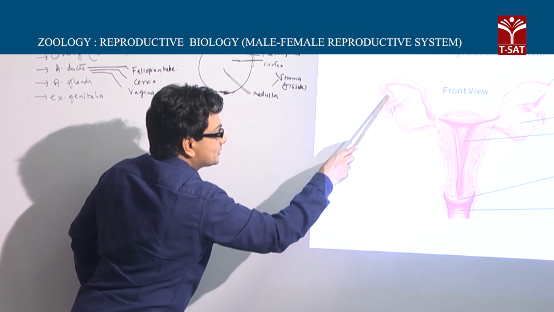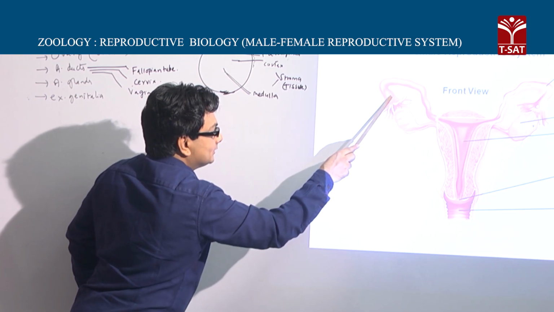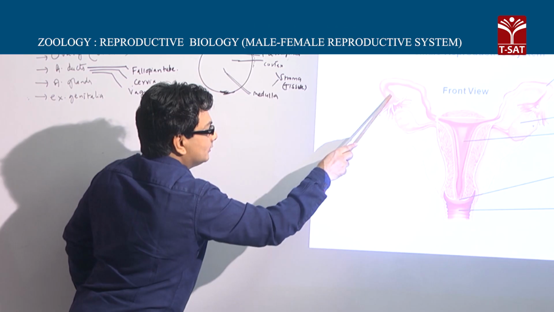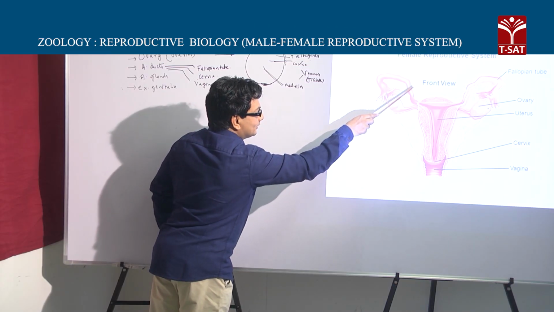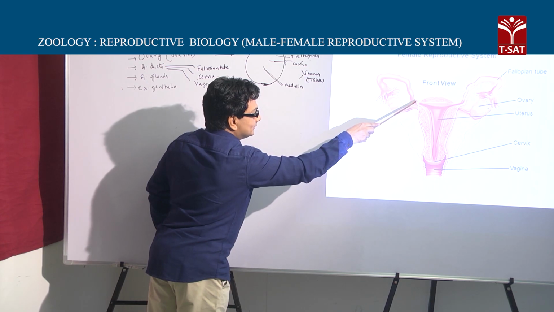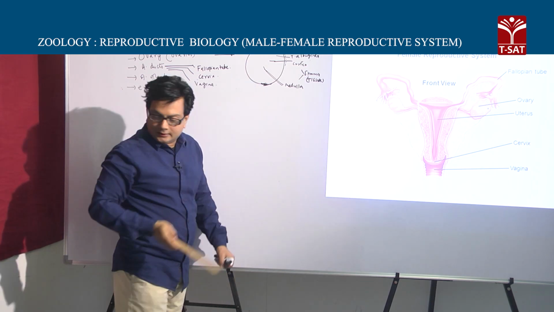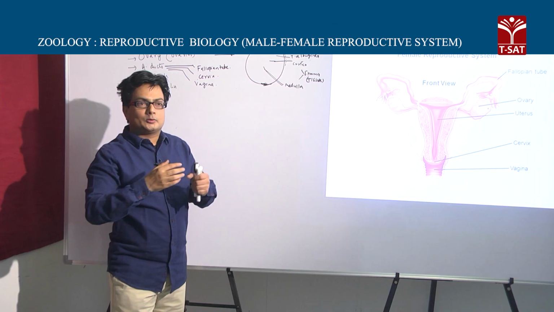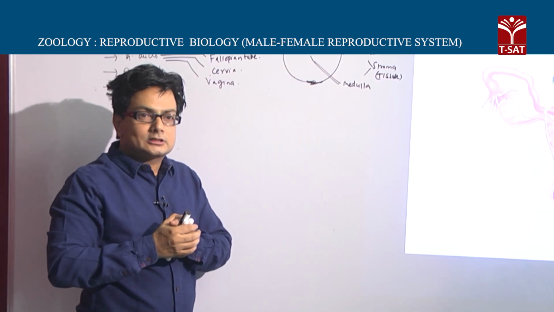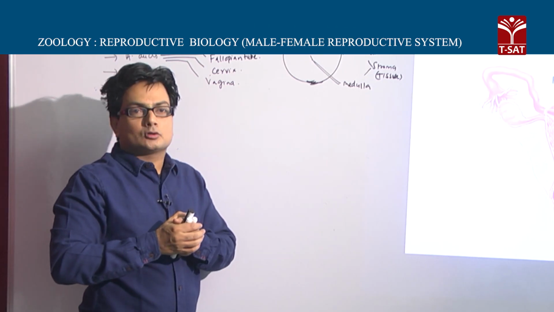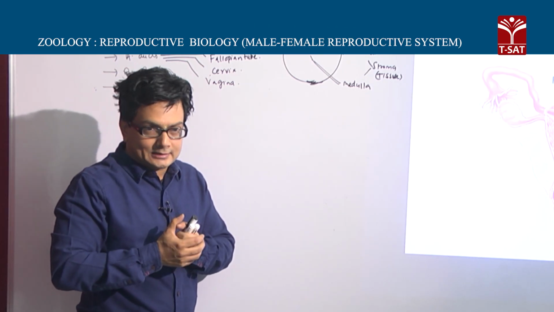Now this fallopian tube is divided into 3 areas. This one is called the infundibulum, ampulla, and the isthmus. We generally highlight the junction between the ampulla and the isthmus, calling it the ampullo-isthmic junction, which is the site of syngamy or fertilization.